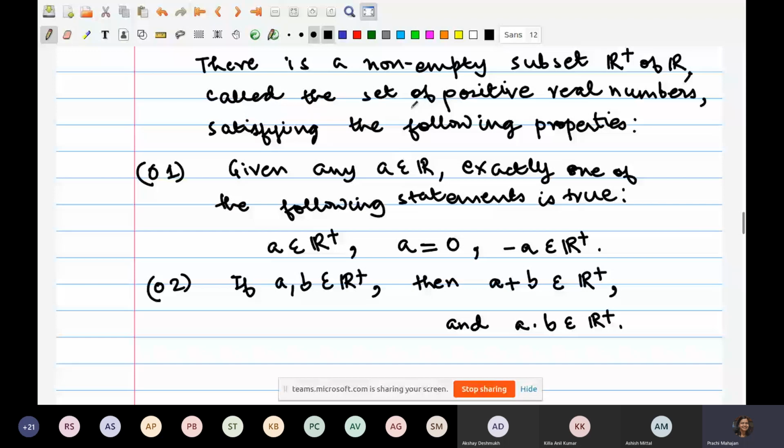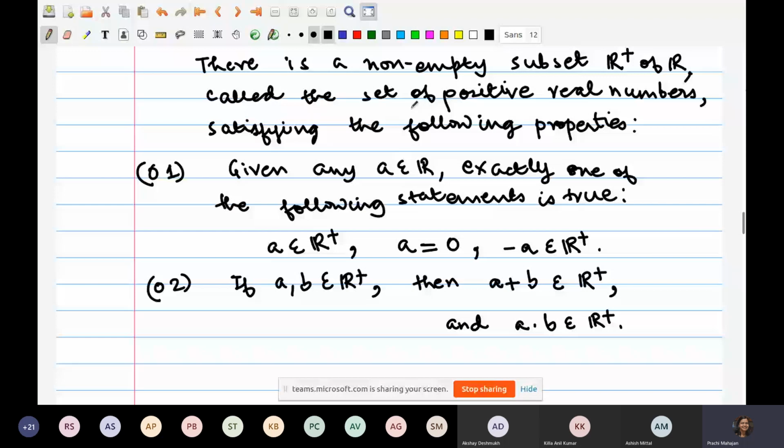And the property O2 says that if A and B are two elements in this non-empty subset, then when we apply the binary operations, namely plus and dot, addition and multiplication, the sum and the product also continue to be in the same non-empty subset.